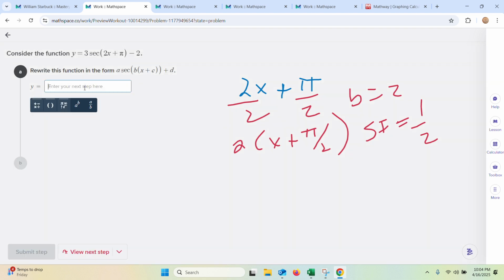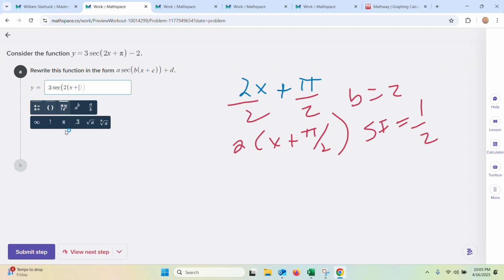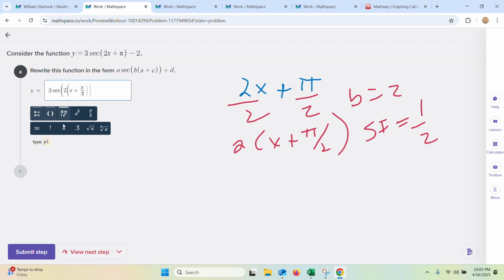Write the equation: 3 secant, parenthesis, 2 parenthesis x plus pi over 2, close parentheses, minus 2.